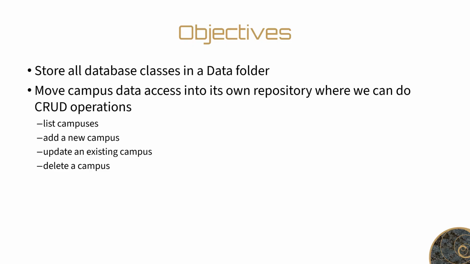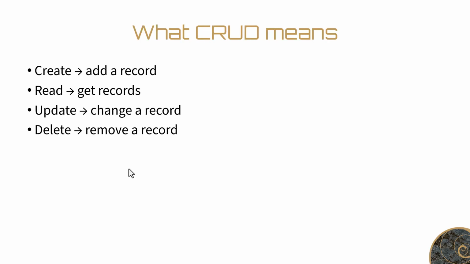So in order to not clutter that up, we're going to make a specific repository for campus. And this will provide us the CRUD functionality to list campuses, add new campuses, update them, and delete them. In fact, that's what CRUD means: create, retrieve, update, and delete. So this is the functionality that we're going to add next.